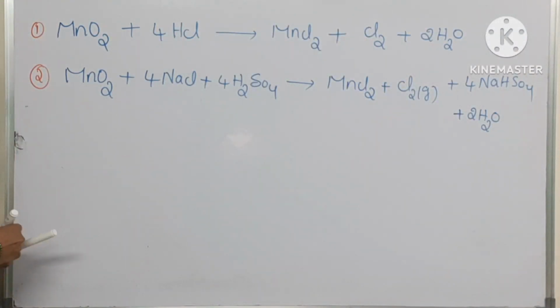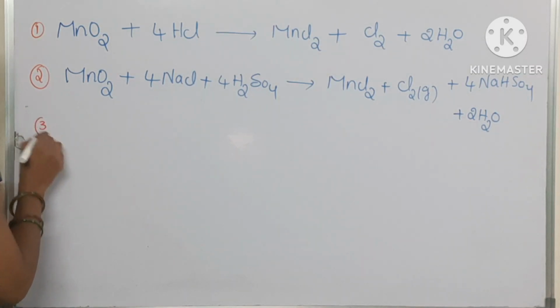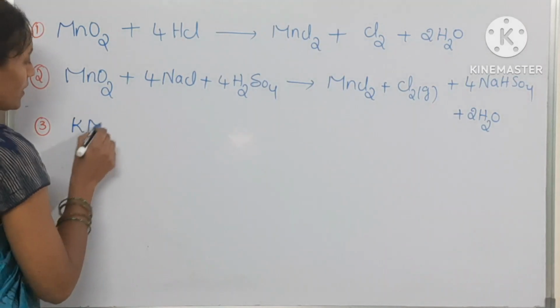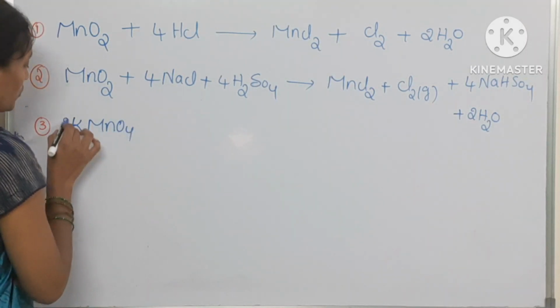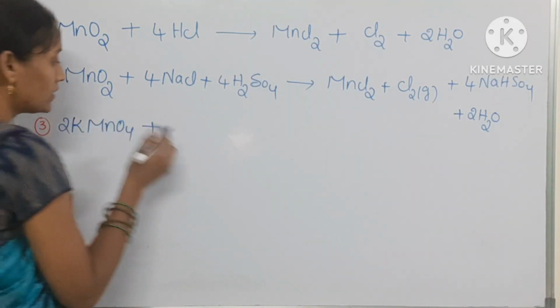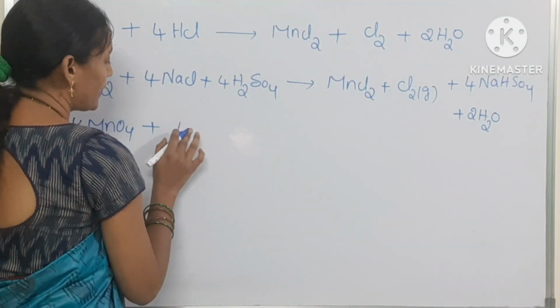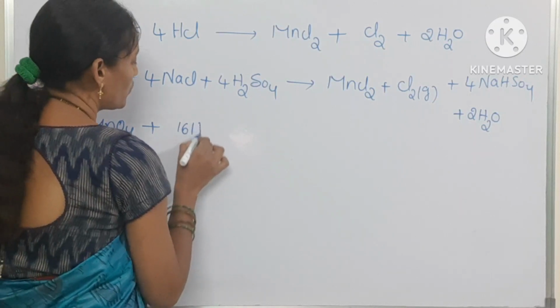Next, the third preparation method is potassium permanganate, KMnO4. You take 2 moles of KMnO4 reacting with hydrochloric acid. You need to take 16 moles of HCl.